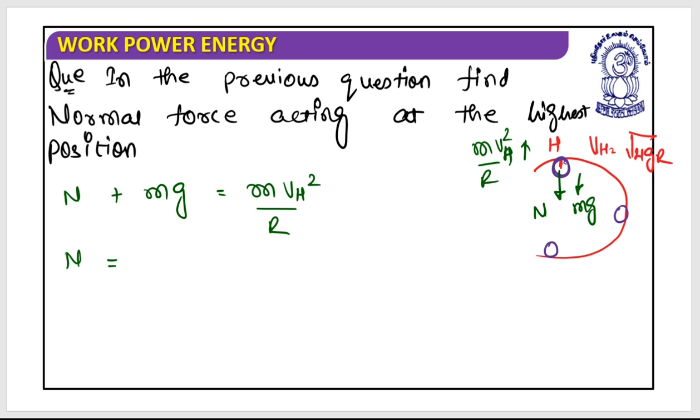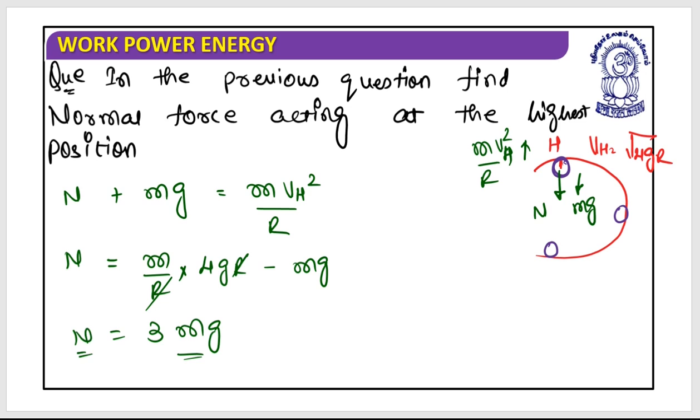This should be written as N equals m by r into vh square minus mg, which is 4mg minus mg, it's 3mg. I hope this is clear.